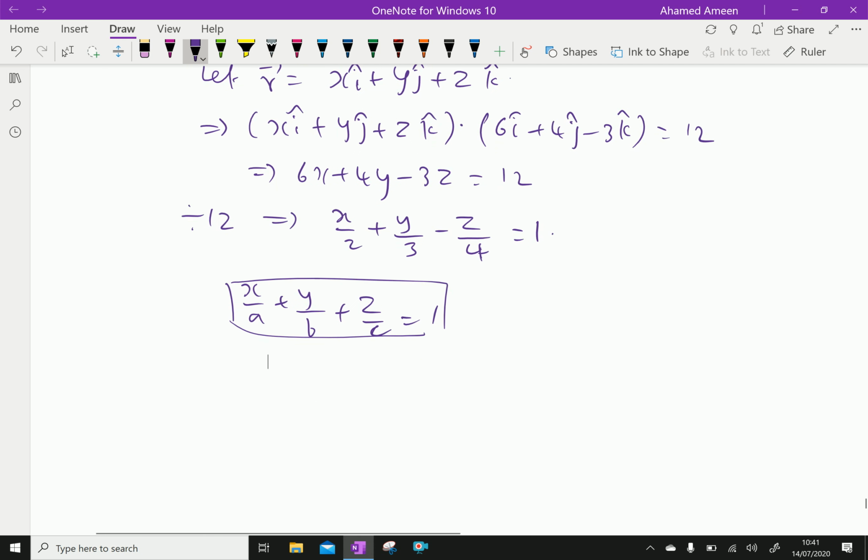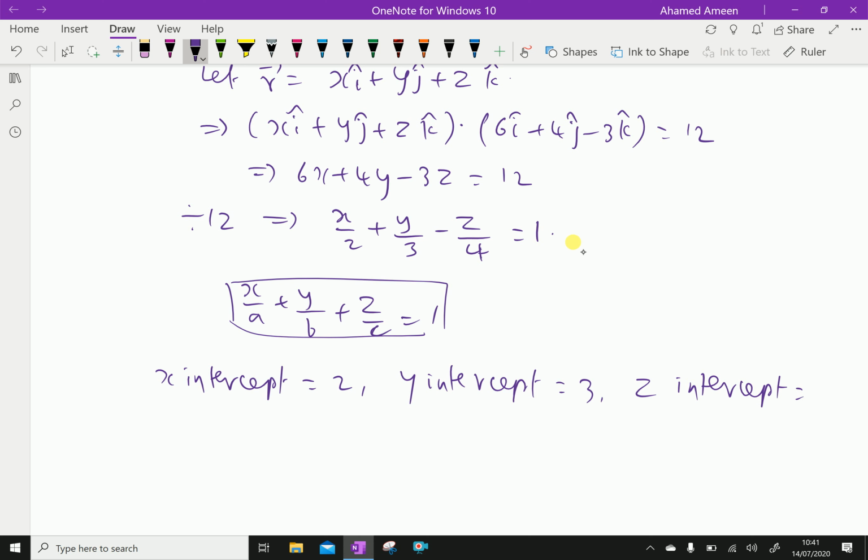Therefore, we can say the x intercept of the plane is 2, the y intercept equals 3, and the z intercept of the plane equals minus 4.